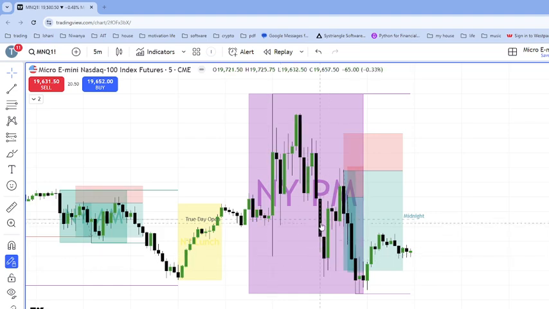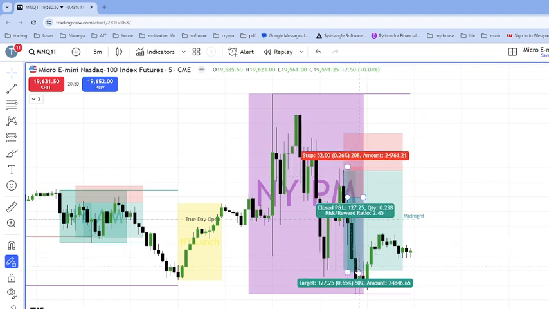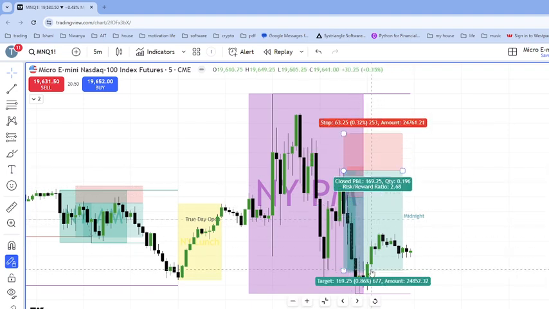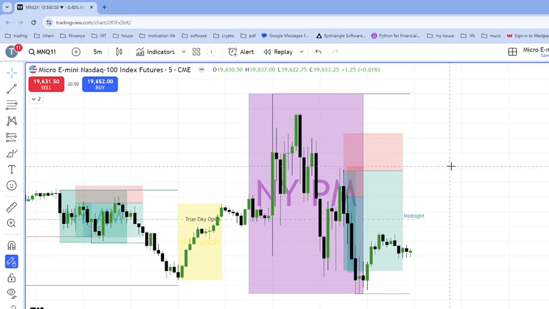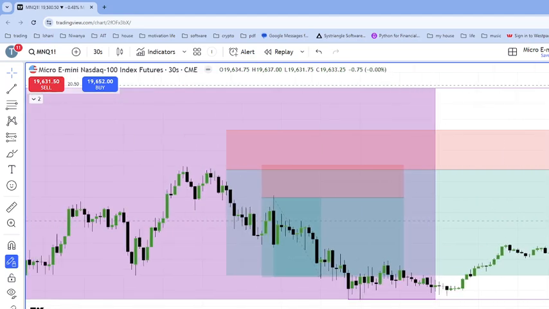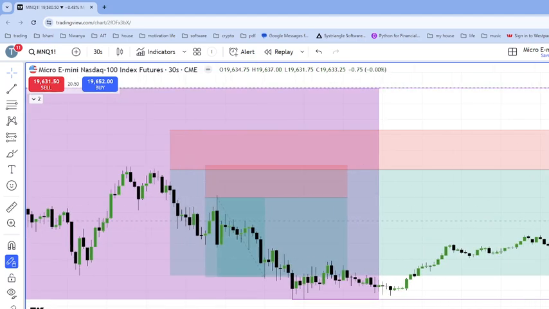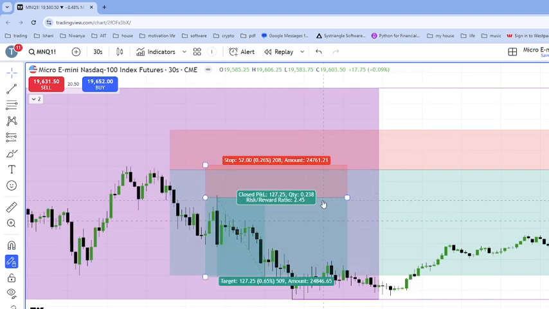Because the market structure shift happened here, we are expecting the price to come and again reach that point. So that's where the take profits were. But again, taking you to the 30 seconds where the entry was made, the third entry for the day for any of the team members. We don't mean you have to take all three, but we are showing three possible entries. You could have taken only one of these, right? You don't need to take all three of them, but then you can see the profit target has been reached.